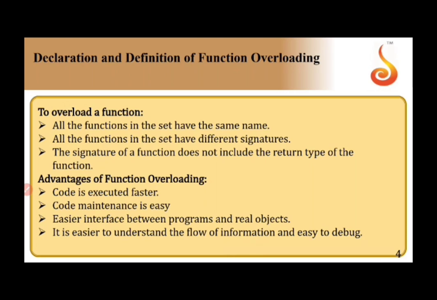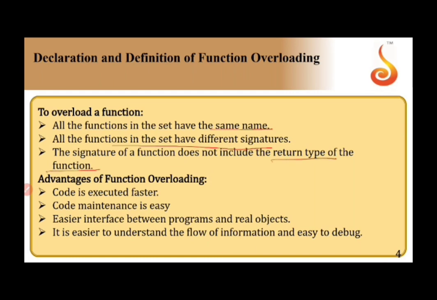Next, the declaration and definition of function overloading. So we'll start with: all the functions in the set have the same name. So the name should be same and different function signature. So what do you mean by function signature? The function signature does not include the return type of the function.